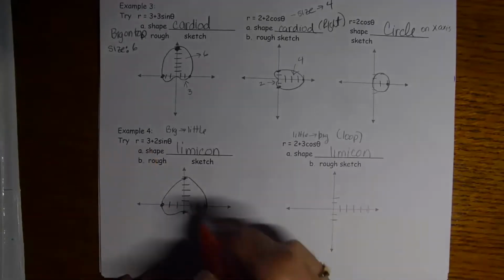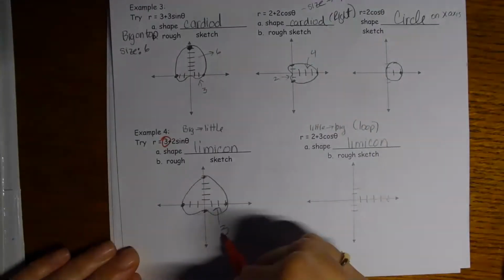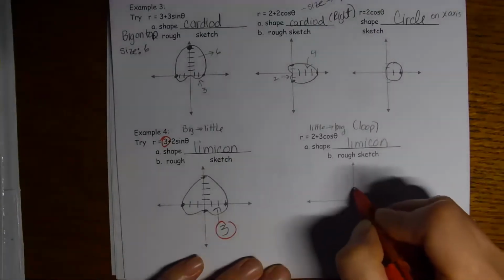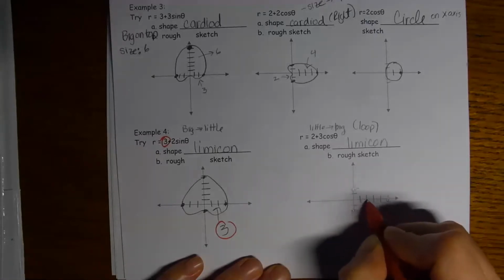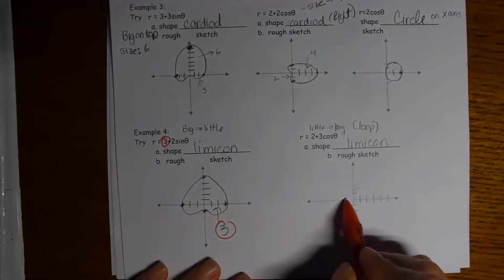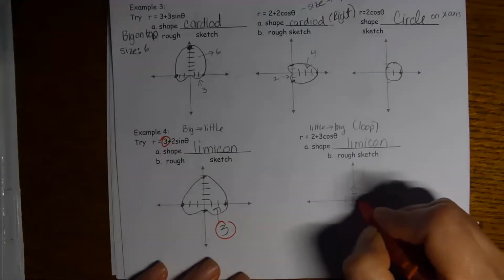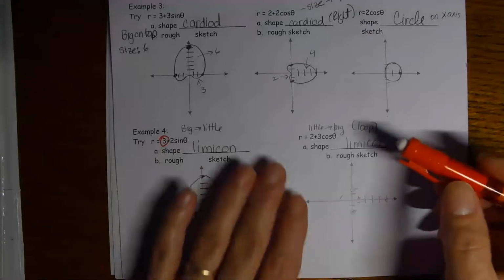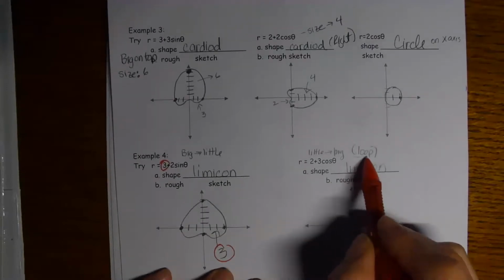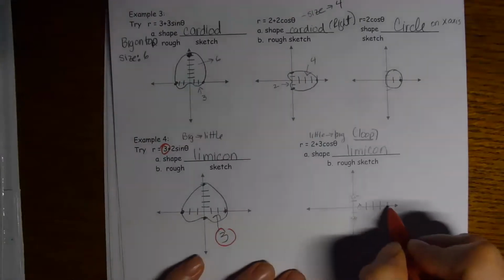Notice 3 and 3. I'm going to circle those. 3 and 3, that's giving us our width, right? So this one's a 2 and a 2. 1, 2, 3, 4, 5. Now, instead of going 1 this way, like we did with this one, which way are we going to go with the 1? We're going to come back. We're not going to have it over here. And we're going to have what structure in there? A loop.